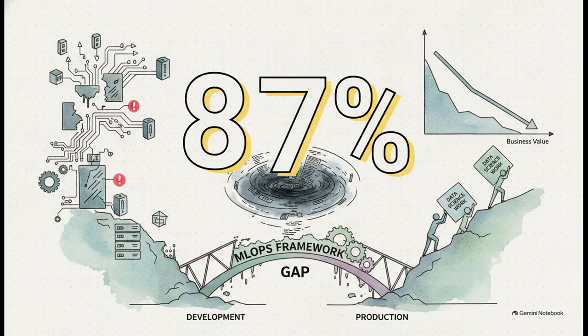Just think about the sheer waste there. We're talking hundreds of hours of highly paid data science work, massive compute costs, strategic planning, and 87% of the time, it delivers absolutely zero business value.